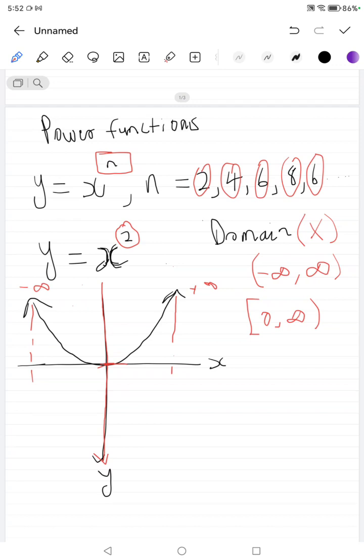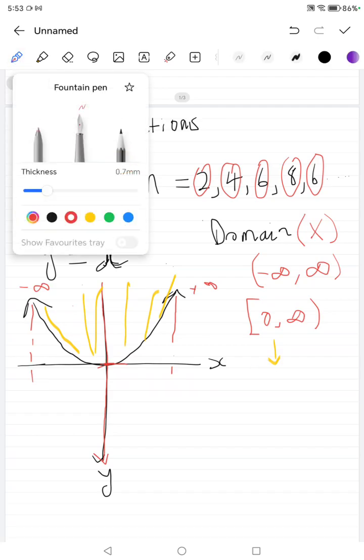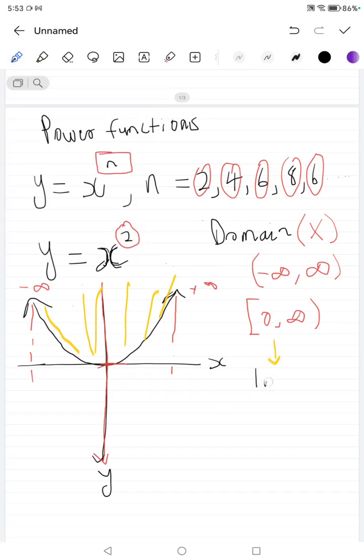You're only going up on that side of the graph. You can also represent it in interval form, where they tell you that you have to do it in interval notation. This would definitely be the one you do in your intervals.